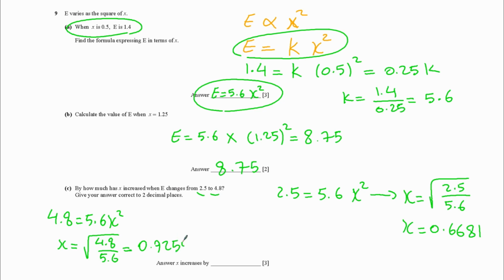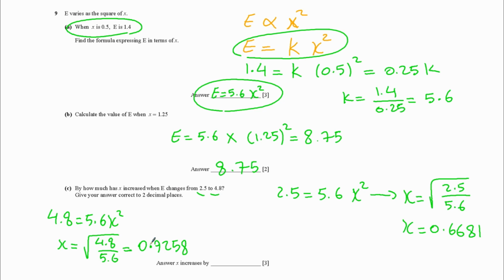So the increase in x is, I need to do 0.9258 minus 0.6681. I have the 0.9258 already on my calculator, so I don't need to do it again. I just need to do the minus. So if I subtract 0.6681, the answer I have is 0.2577.